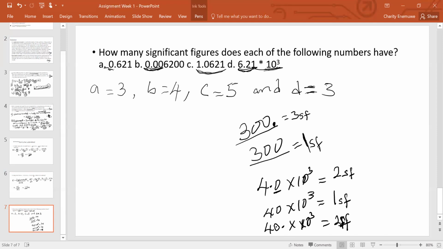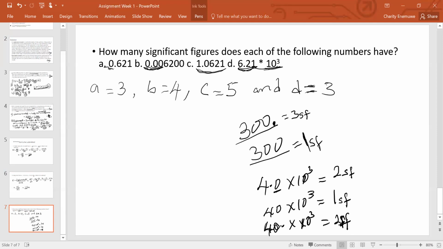So you see what the decimal is doing to the figures we count when it comes to leading or trailing zeros. The decimal just changes everything. We'll be meeting a variety of these significant figure questions as we move on in the course and in the test, and we will keep interacting with significant figures till the end of the course, okay?